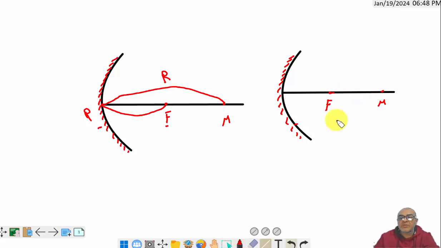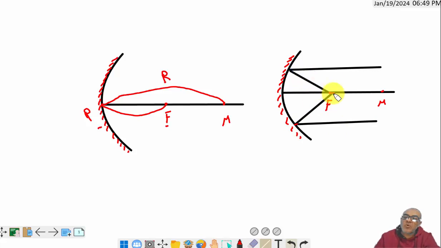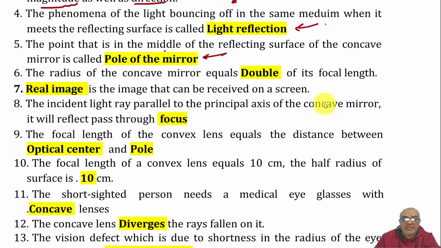If we draw rays like this and this, we find that the image is collected at the focus. So if we put a screen here, we can receive this image on it, so it's a real image like we said.